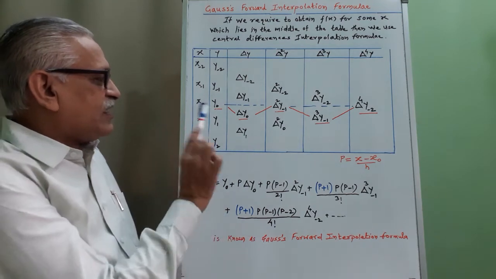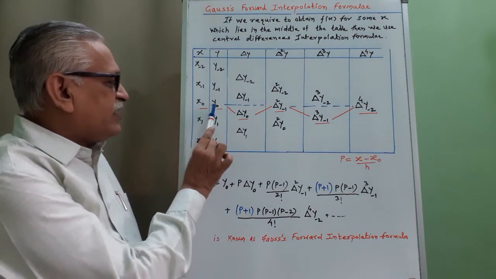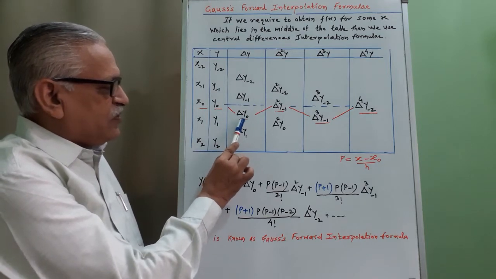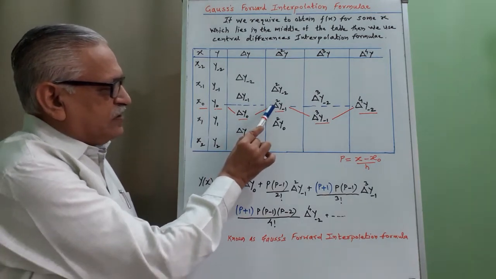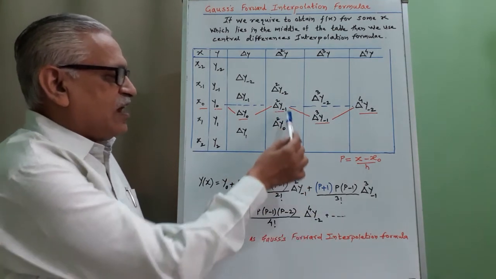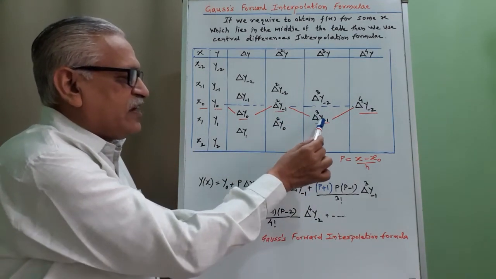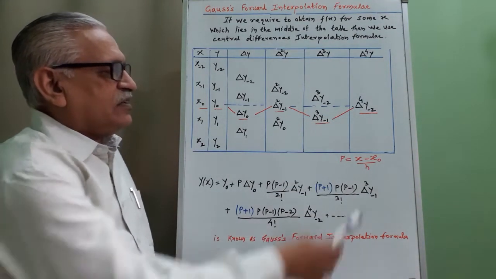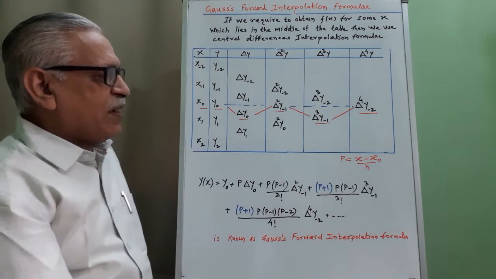Therefore, once again I will repeat that step. We have to underline x0, y0, then del y0, first forward difference, then going upward we get del square y minus 1, coming downward we get del cube y minus 1, again upward del raised to 4 y minus 2.